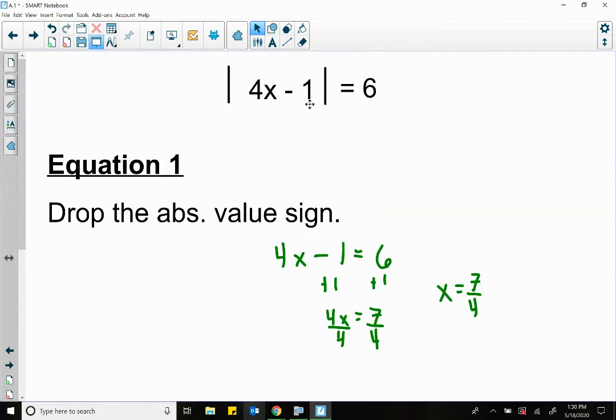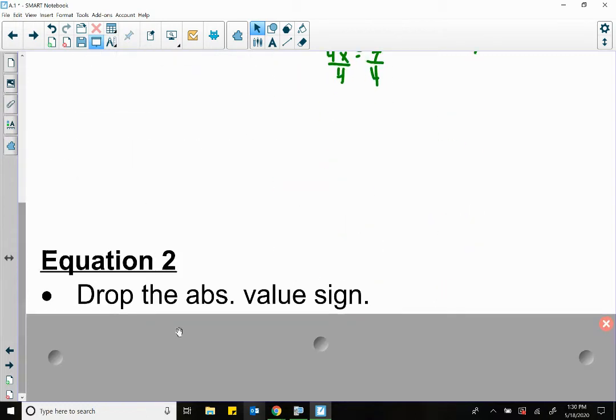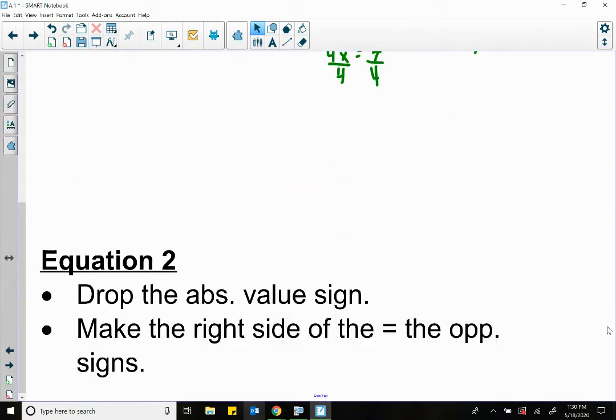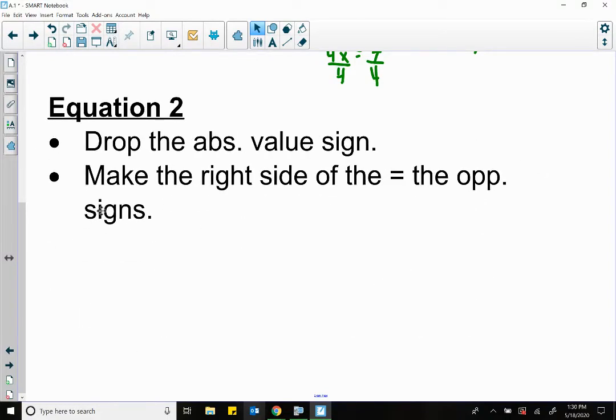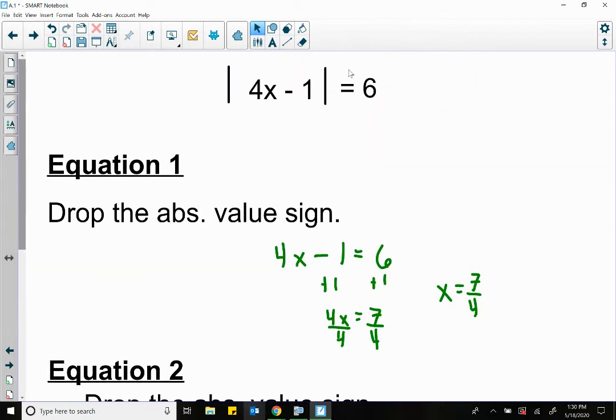So we're going to have a 4x minus 1 because these are going to go away. And now here's the new part. You are going to make the right side of the equal sign the opposite signs. So on the right side, over here, everybody becomes its opposite. What's positive becomes negative. What's negative becomes positive.